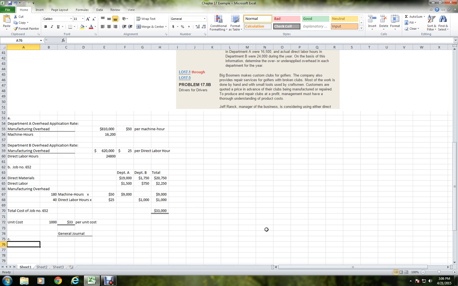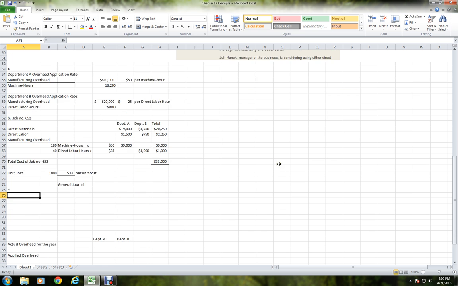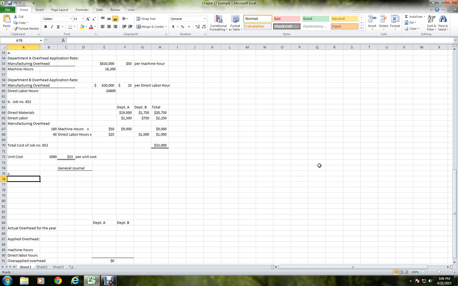Part C says we need to prepare the journal entries required to record the sale on account of all 1,000 circuit boards to our client named Computex Computers. Total sales price was $50,000. So we know that this was on account, so therefore it was accounts receivable.